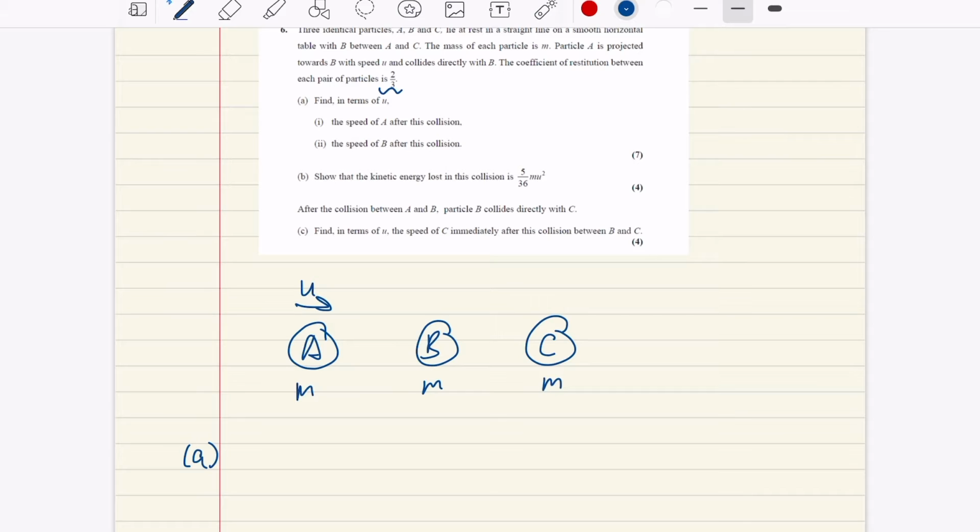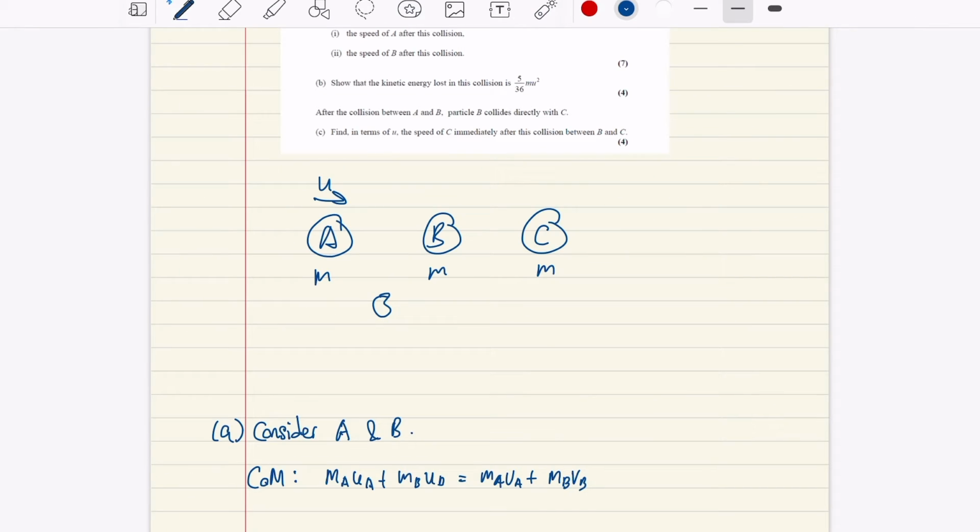Okay, so let's consider A and B first. After they collide, they will have velocities VA and VB, and let's assume both of them are going to the right, and take right as positive.